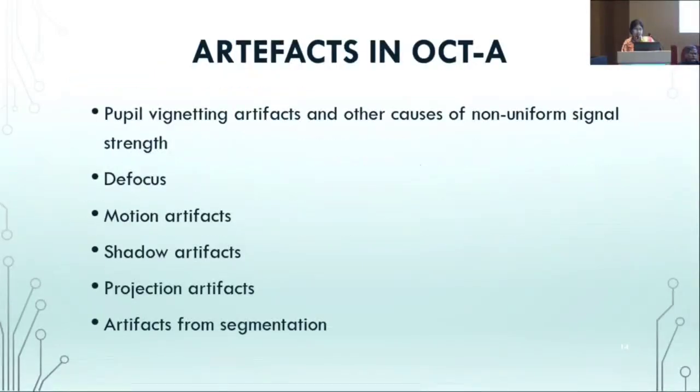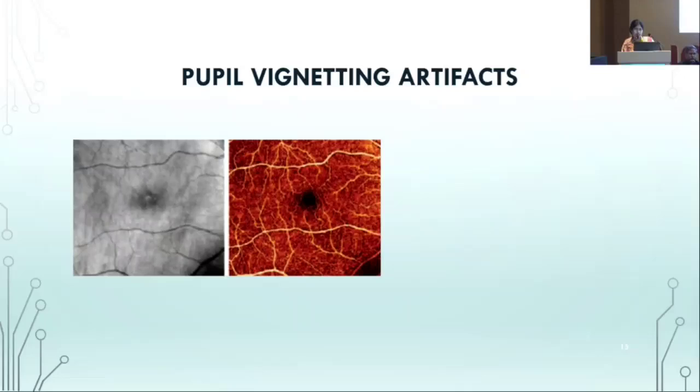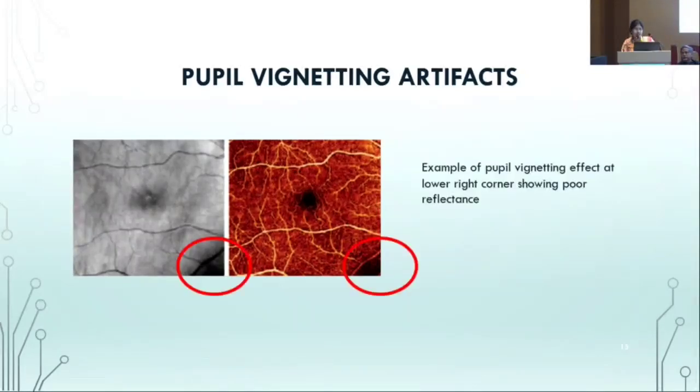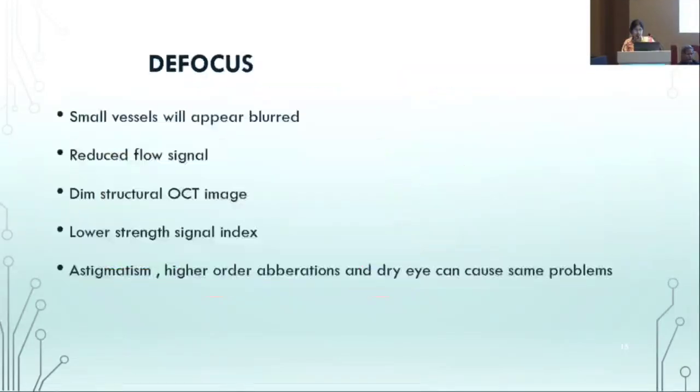The various artifacts in OCT angiography are pupil vignetting artifacts, defocus, motion artifacts, shadow artifacts, projection artifacts, and artifacts from segmentation. Pupil vignetting artifacts means the artifacts created from the edge of the pupil as a result of low reflectance. With defocus, small vessels will appear blurred, with reduced flow signals, dim structural OCT image, and low signal strength.